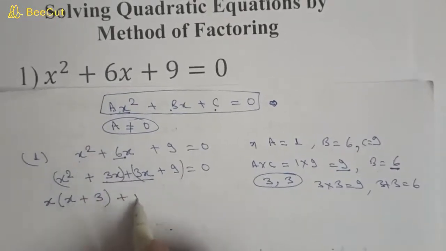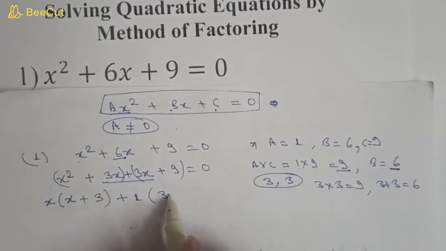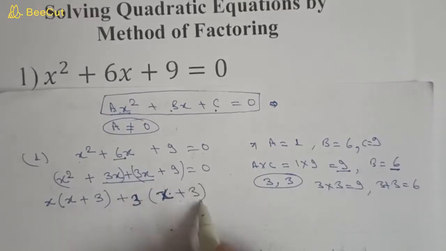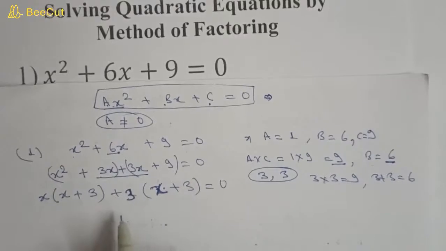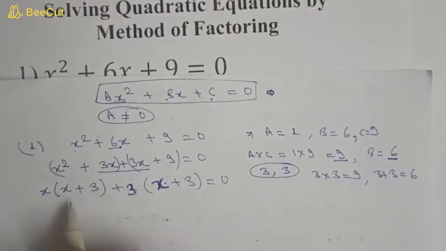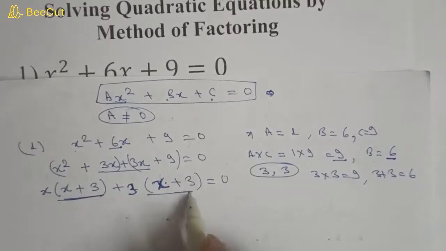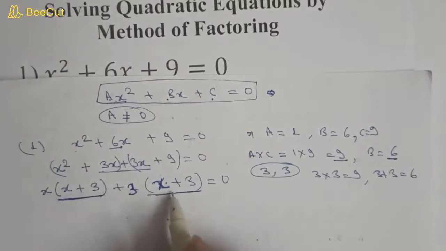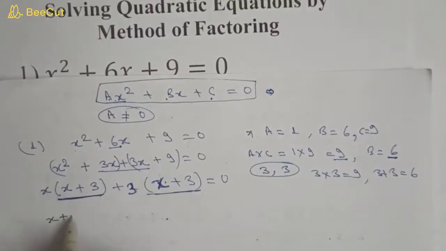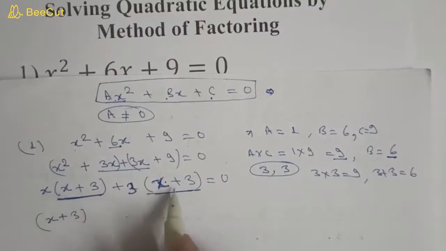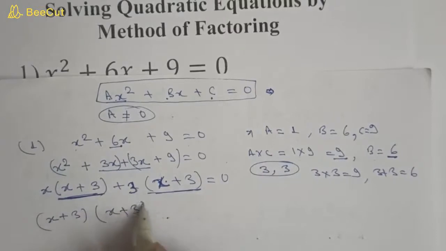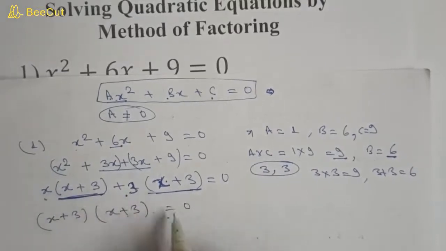If you are taking something common, then try to take such a common factor that these two brackets will be equal. Here we are getting x + 3, so here we should also get x + 3. Since x + 3 is common in both the terms, if we take x + 3 common, we get (x + 3)(x + 3) = 0.